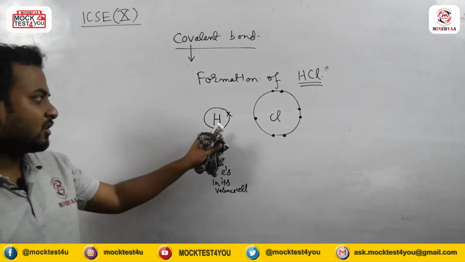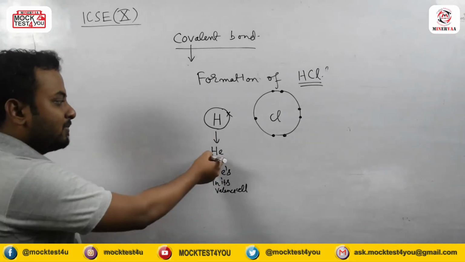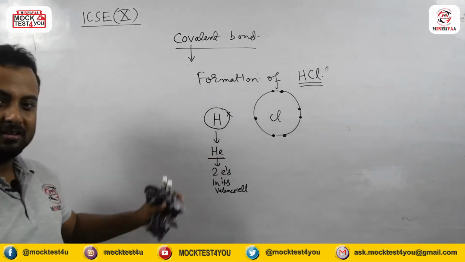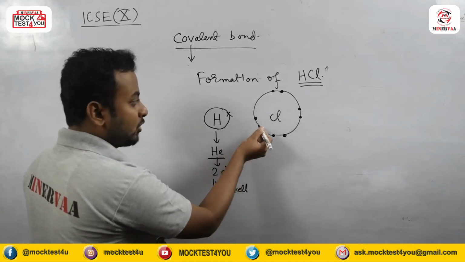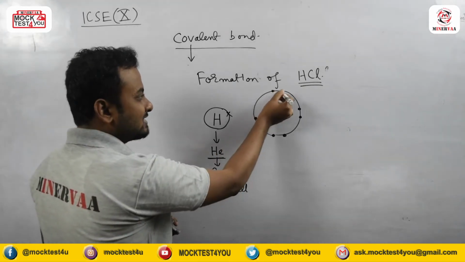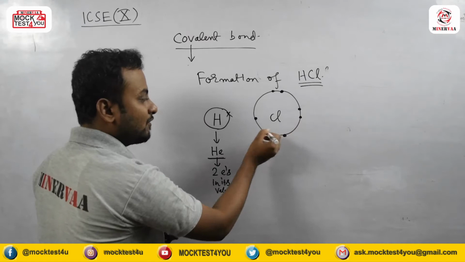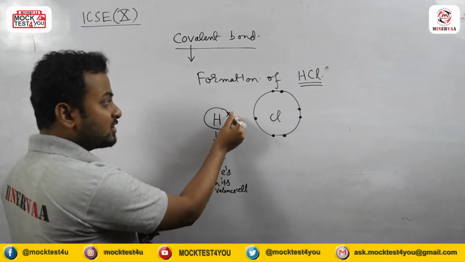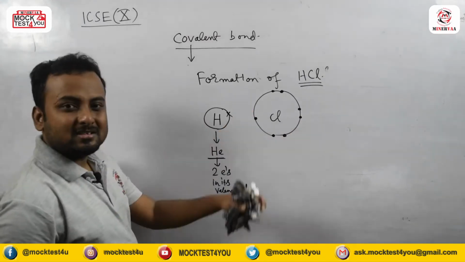So hydrogen only needs one electron to complete its duplet, and chlorine has 7 electrons already in the valence shell. It only needs one electron to complete its octet.